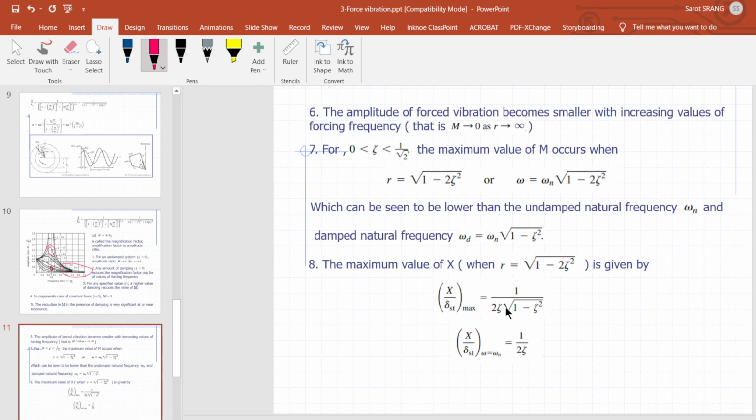Number 7, for damping ratio between 0 and 1 over square root of 2, the maximum value occurs when r equals this.